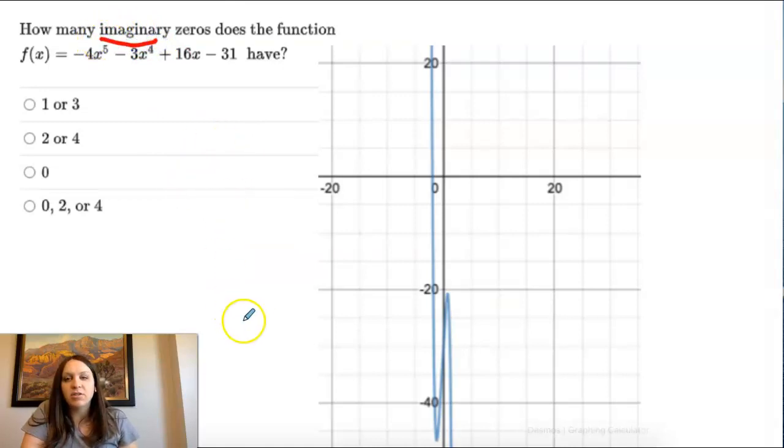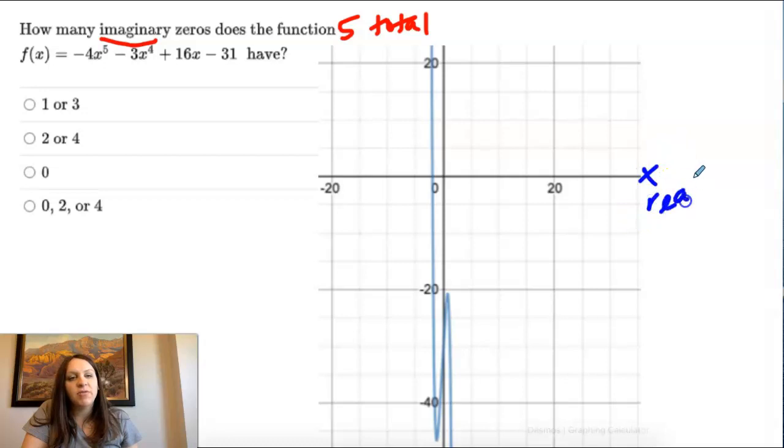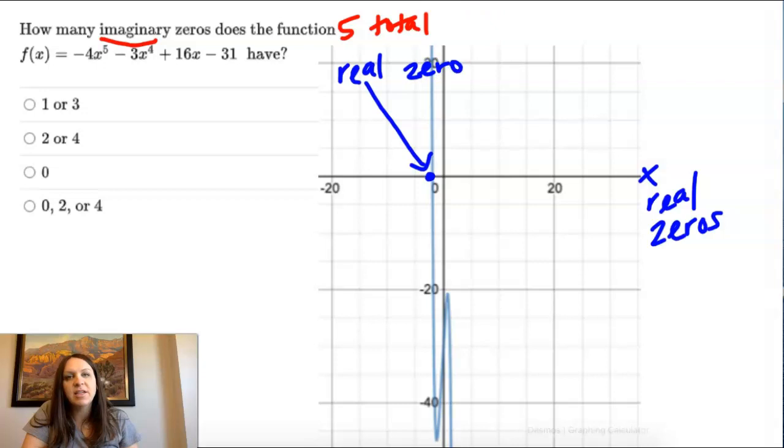So I know that there's 5 total because it's a 5th degree polynomial. So I'm going to start looking at my x-axis because that's where my real zeros show up. And I only have one here. So this is a real zero because it crosses the x-axis, and it's negative. It's like negative 2.